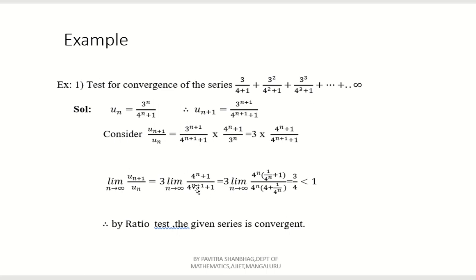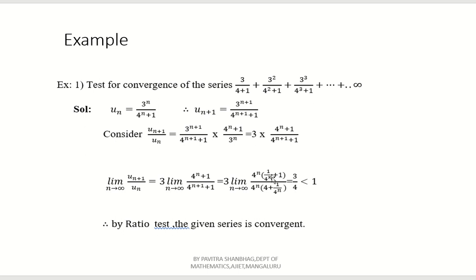If you keep 4 power n outside, only the remaining term is 4 plus 1 by 4 power n. Now this 4 power n and this 4 power n cancel. What remains? 3 constant. Now simplify this.